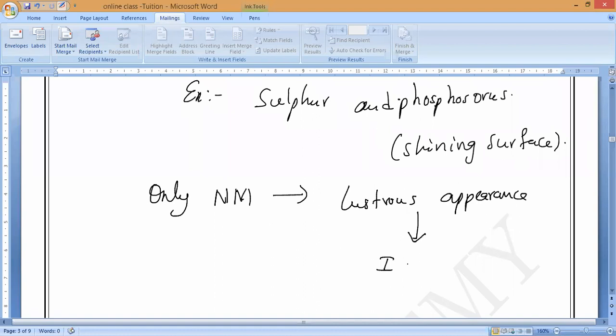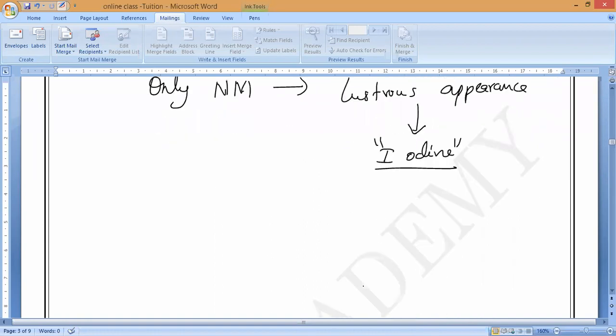Many times they ask this bit in exams. So the only non-metal which is lustrous in nature is iodine. Is it okay, guys?